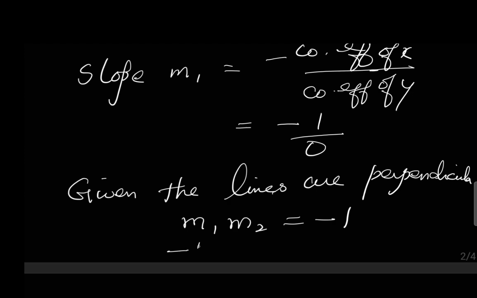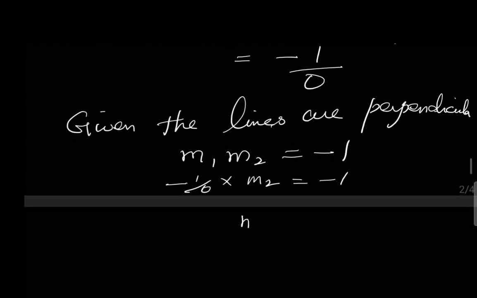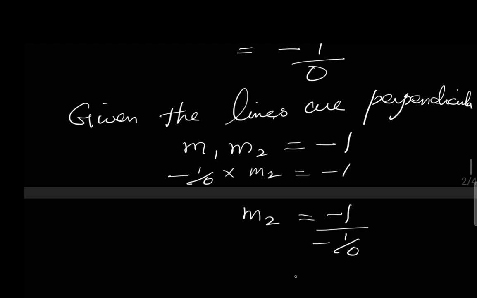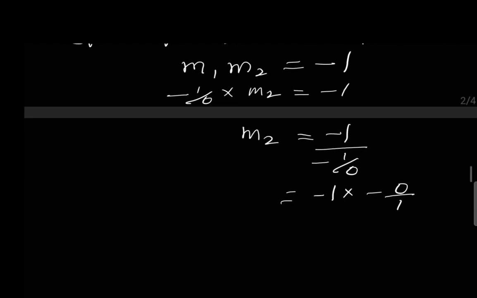So m1, which is minus 1 by 0, into m2 is equal to minus 1. So m2 is equal to minus 1 divided by minus 1 by 0. That is minus 1 into minus, write the reciprocal, 0 by 1. So that is 1 into 0, 0 by 1.